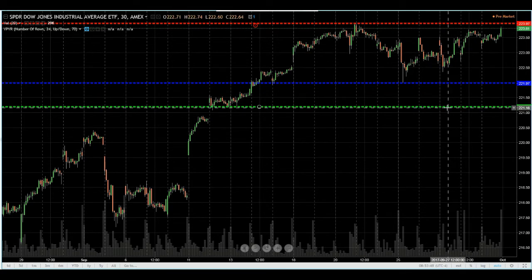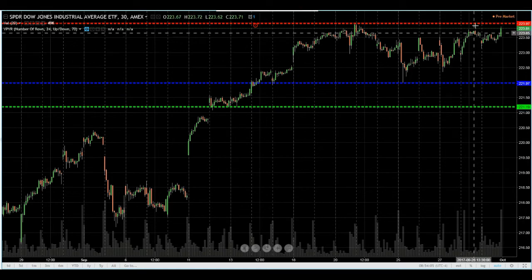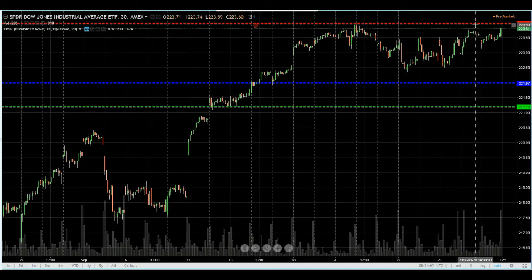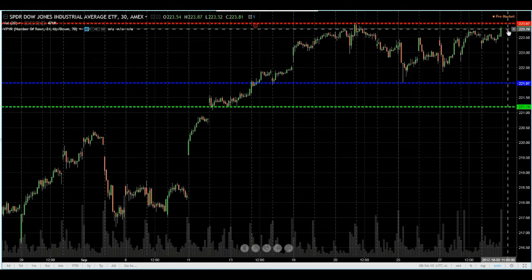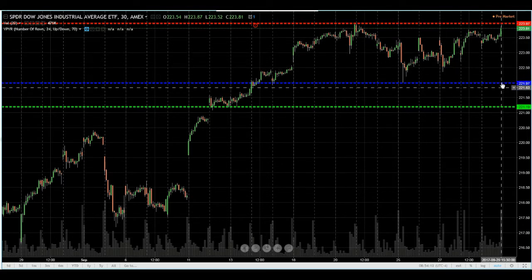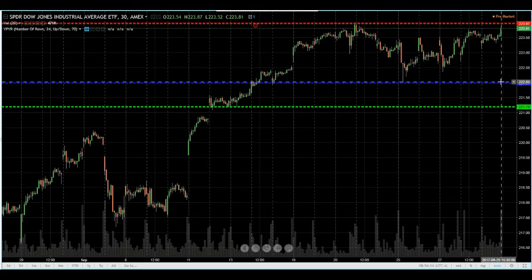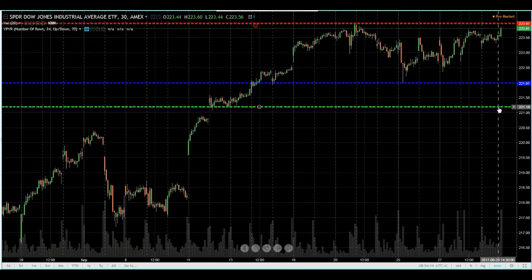Potentially, I'm long biased on the Diamond, but I am potentially interested in a small, what I call a probe test size short trade. In other words, I will short it, but with very small size. If the trade ends up working in my favor, I might add to it to go down to this liquidity. If the market gets down here, I would buy it with fairly large size.